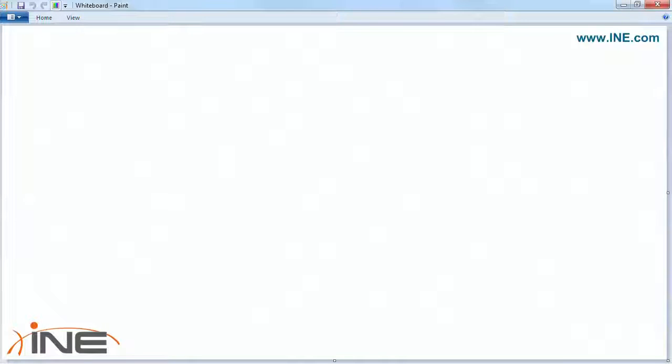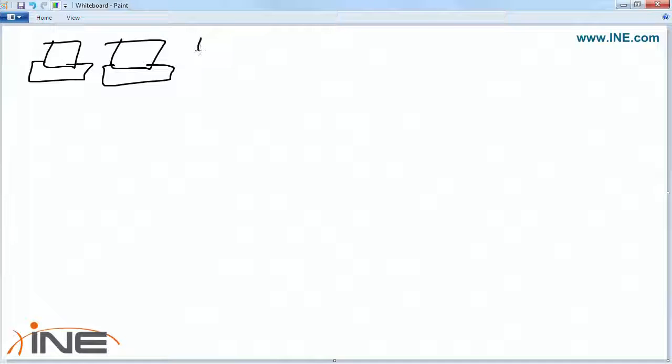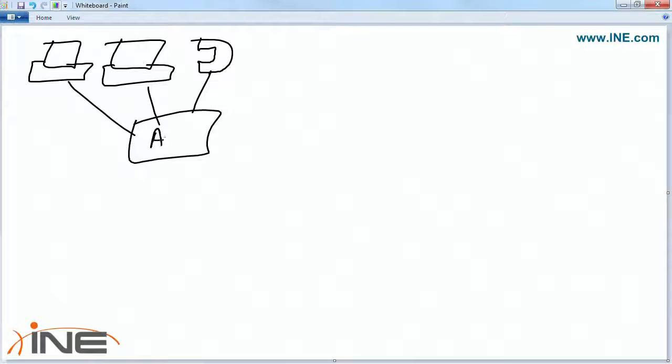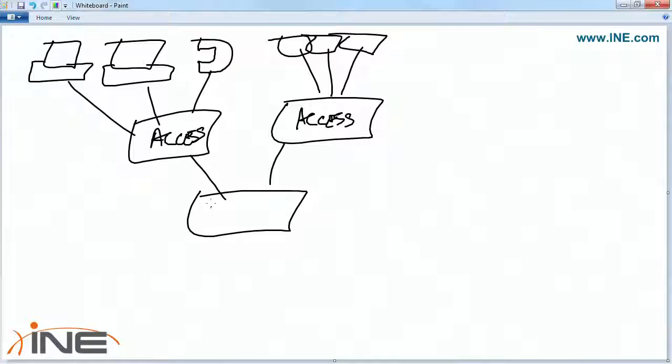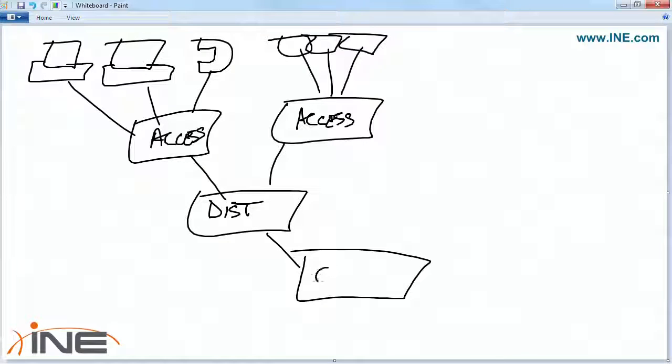Now, if you were to visualize this, you're going to have your endpoints like your hosts or your IP phones that are plugging into the access. Then you generally have multiple access switches that are connecting to the endpoints. So these are individual hosts. Then somehow these are going to connect to the distribution layer, and then eventually get to the core.